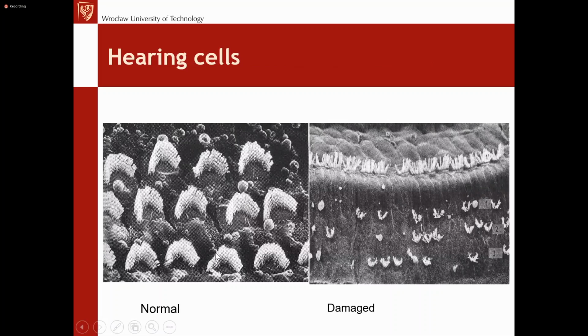In a good condition of the hearing organ, we can find the outer hair cells in a V shape, and when they are damaged, we can find some gaps between the row of inner hair cells as well as other parts of the basilar membrane.